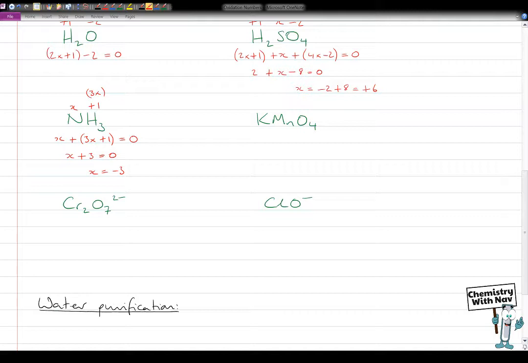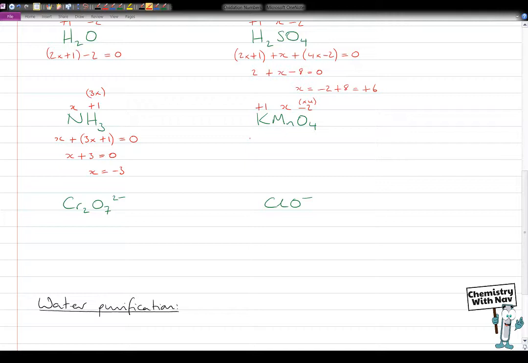And this next one is potassium manganate, so KMnO4. The K is going to be +1 because that's in group 1, and we said, back to the rules, that any group 1 element will have a +1 oxidation number. You've got a -2 there for the oxygens, but there's 4 of them. And the manganese is what we're looking for, therefore.